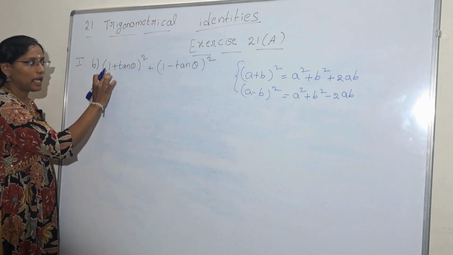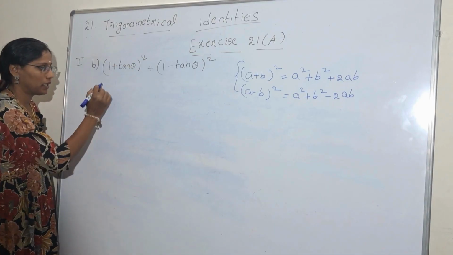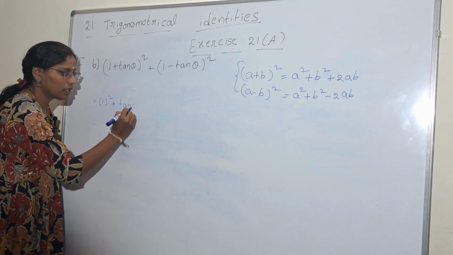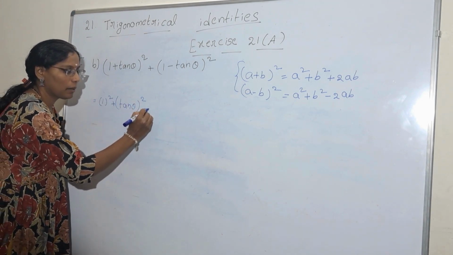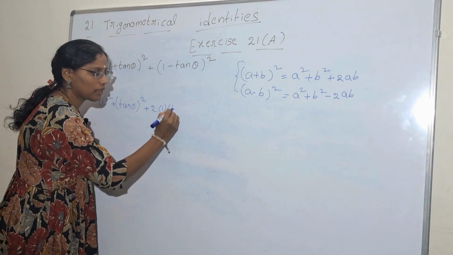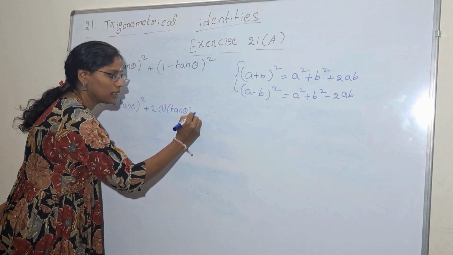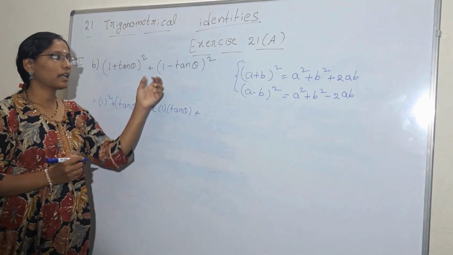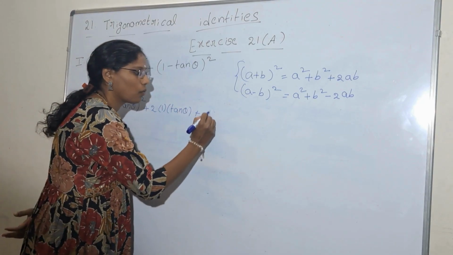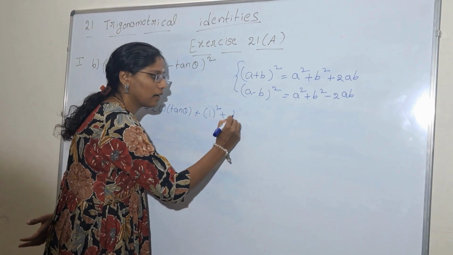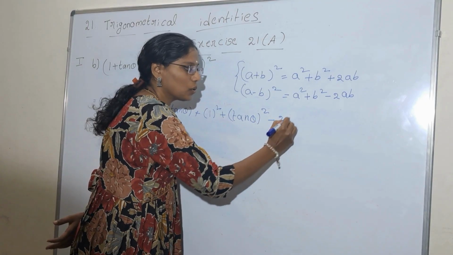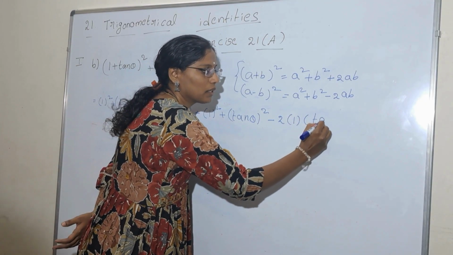First bracket, a plus b whole square: 1 square plus tan theta whole square plus 2ab, so 2 into 1 into tan theta. This is the first bracket. Next, the second bracket, 1 minus tan theta, means a minus b whole square: 1 square plus tan theta whole square minus 2 into 1 into tan theta.